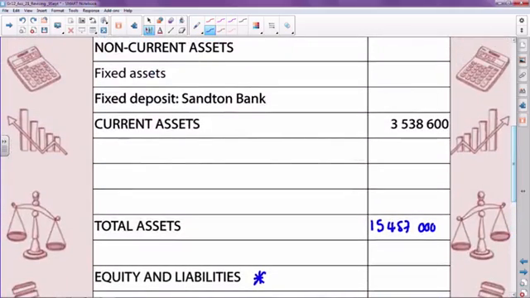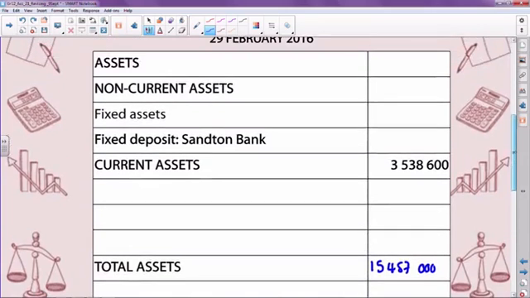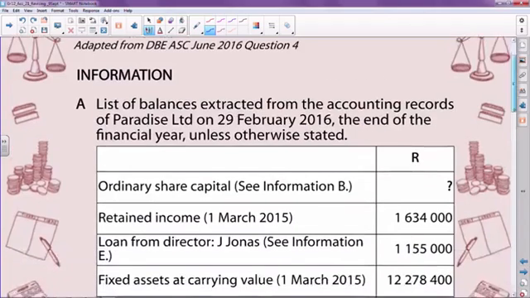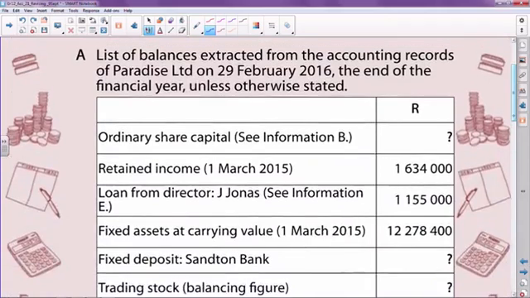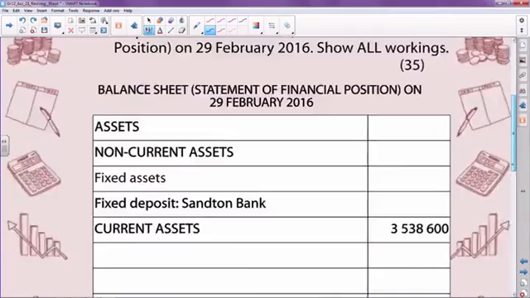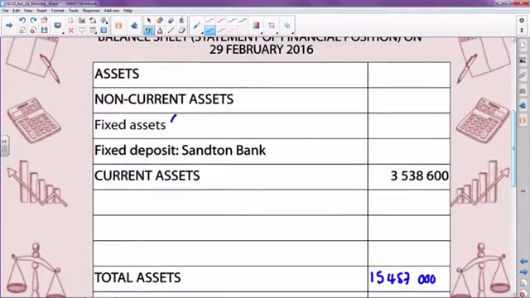There goes. Now, let's identify figures that are given to us. Starting with my fixed assets, what information do I have? I'm told that my fixed assets at the beginning of the year had a carrying value of 12,278,400.